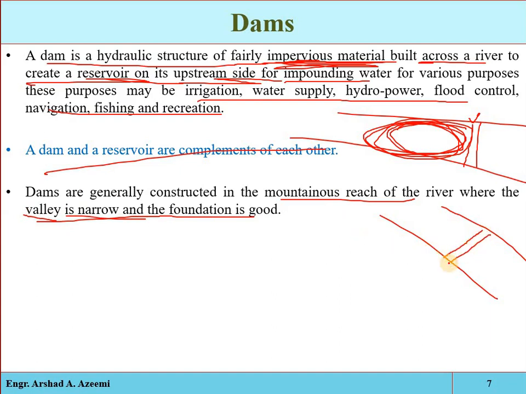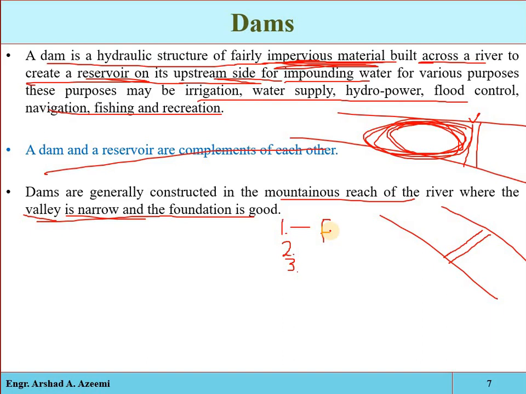Okay, and again we have three types of requirement for the selection of area for the dam construction site. First one is the feasibility. We have to look into the feasibility of the area, meaning topography of the area, geology of the area, and climate, and the climate's effects on the construction material.